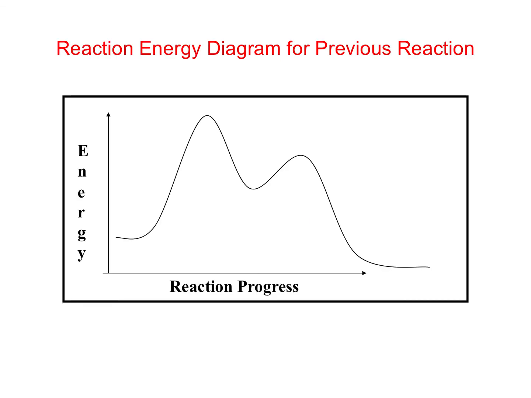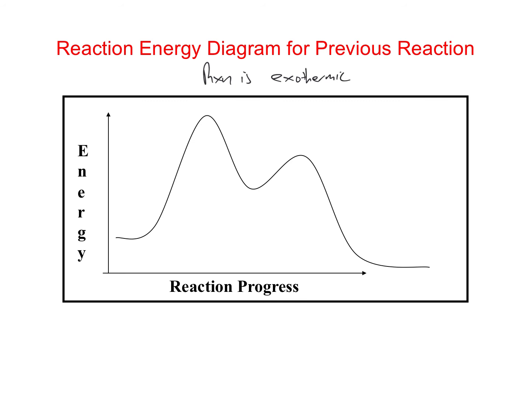One question I'll often ask about mechanisms is for you to draw a reaction energy diagram. And so this would be the reaction energy diagram, or one possible example, for the last reaction. So I think one thing that they would have had to tell us is that the reaction is exothermic.